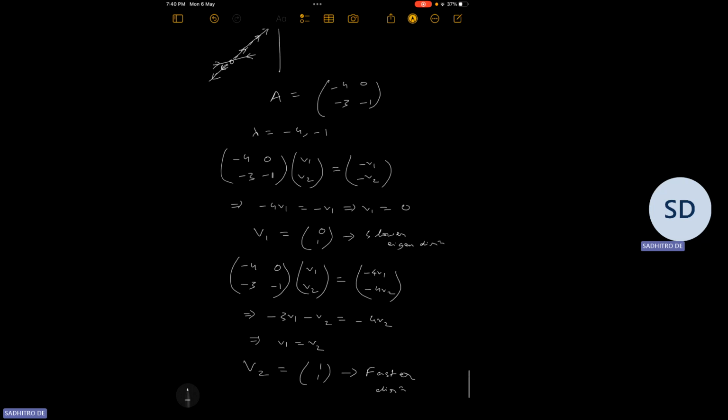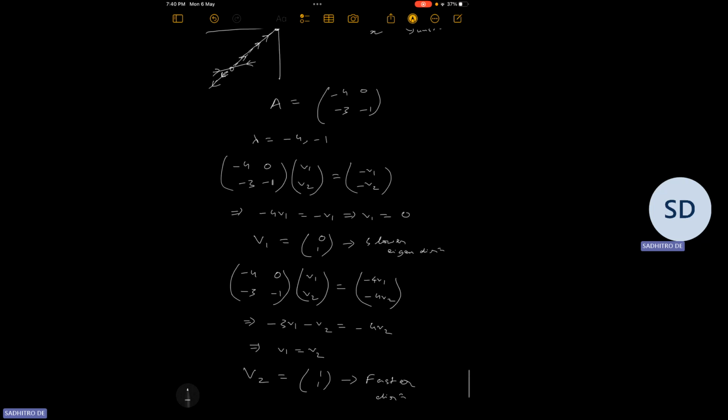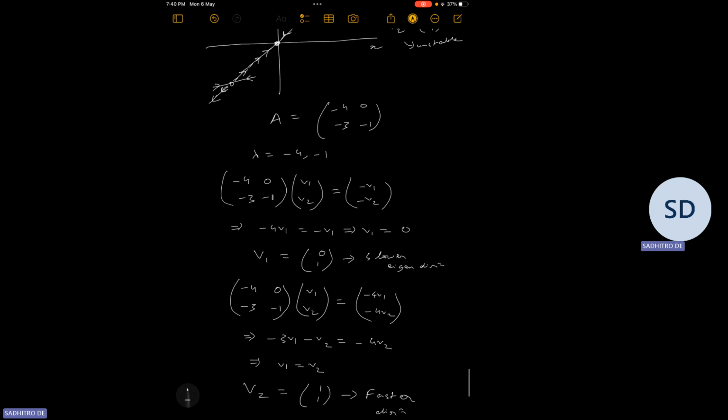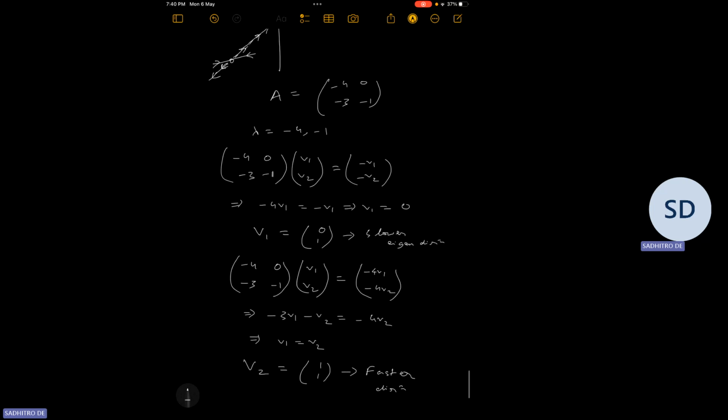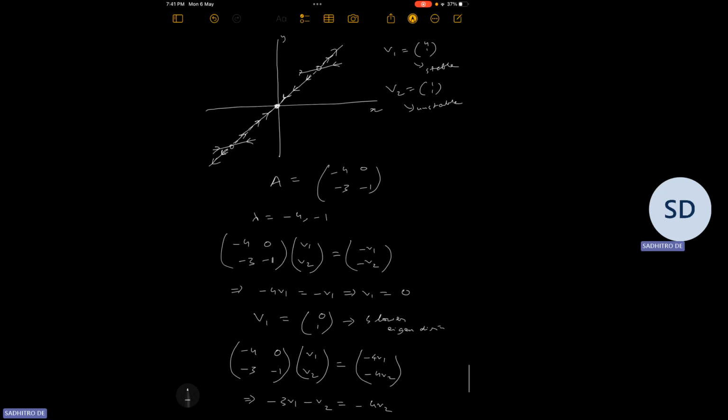If you look at these vectors, the faster eigendirection basically corresponds with the line x equal to y, and the slower eigendirection corresponds to the vector (0, 1), which is this. So the y-axis is the slower eigendirection.